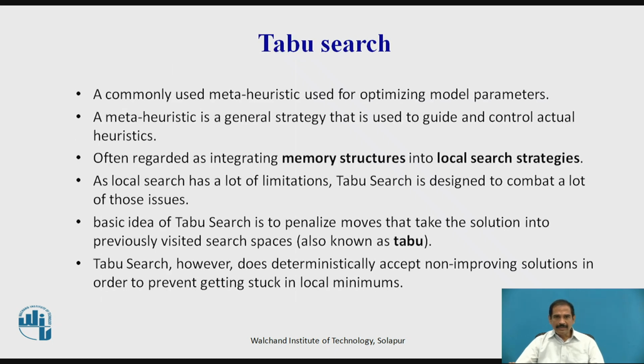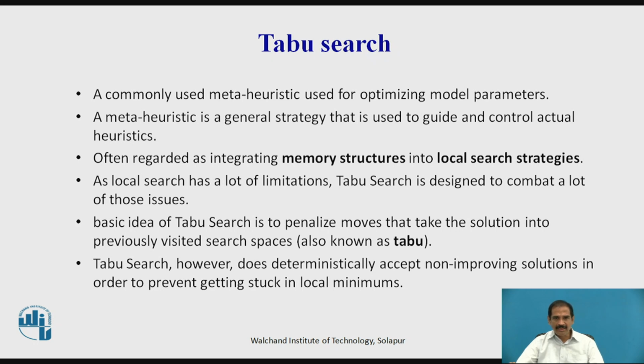The next algorithm is a little bit different, which is the Tabu search. This is a commonly used meta-heuristic algorithm for optimizing model parameters. As we know, a meta-heuristic algorithm is a general strategy that is used to guide and control the actual heuristics. It is often regarded as integrating memory structures and local search strategies.